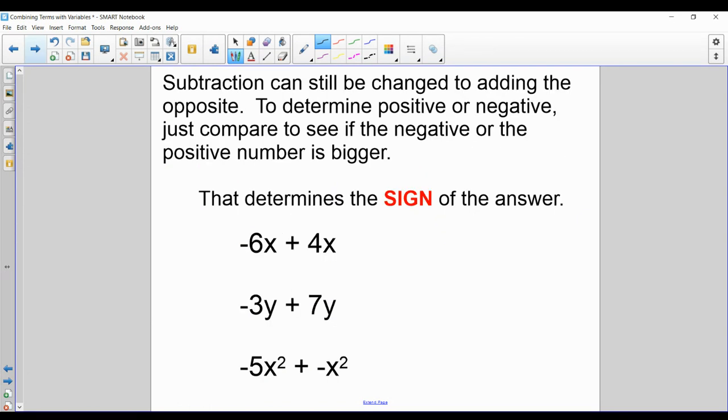Okay, so just like with numbers, subtraction can be changed to adding the opposite, and that'll help you determine if the answer is going to be positive or negative depending on how many things there are. So the more of the positive or negative determines the answer sign. So if I look at this, more negatives, so I know the answer is going to be negative.